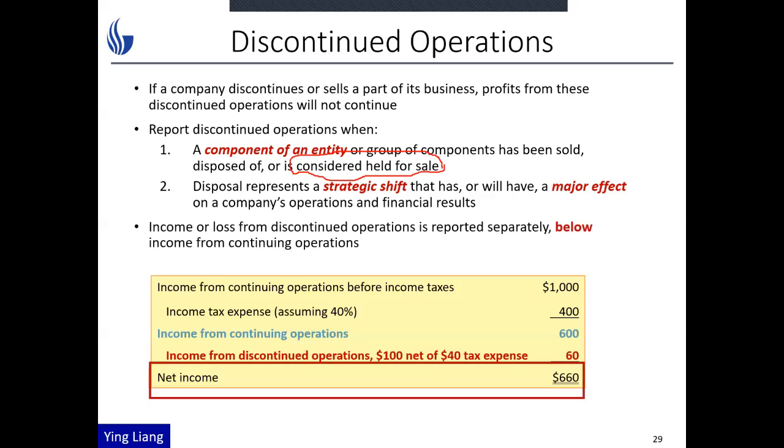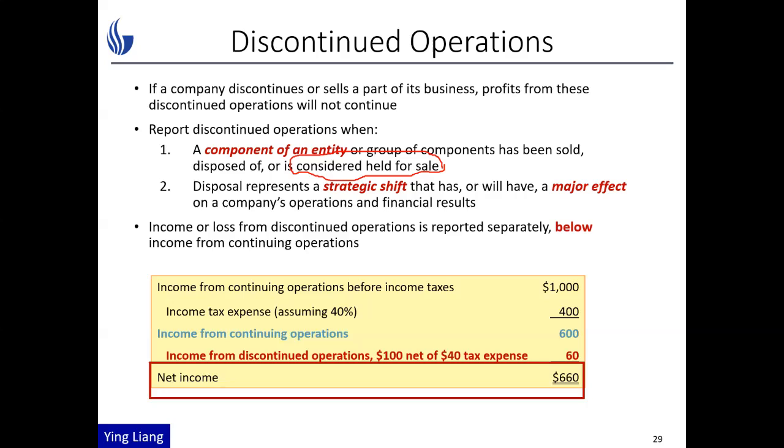So in the yellow box, you first have a line called income from continuing operations before income taxes. And then the income tax is 40%, so it's 40% times $1,000 equals $400. Now, the blue line is what we saw in Google, right? The income from continuing operations. That is net of the 400 out of the 1,000, which equals 600.